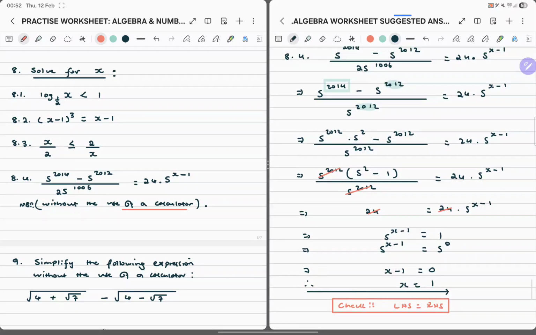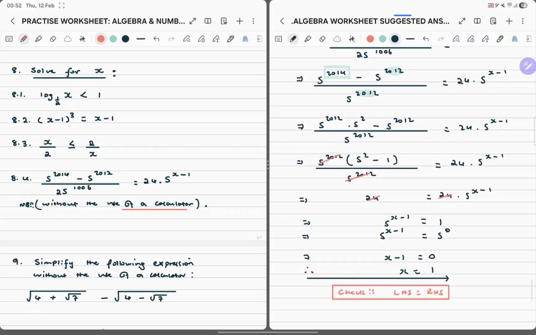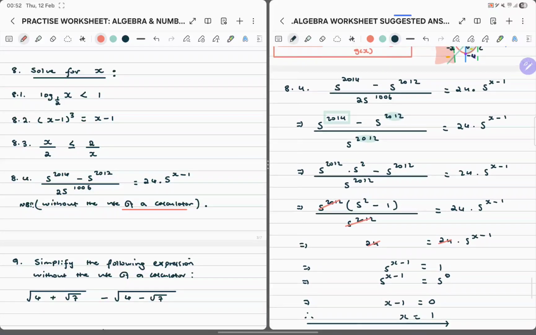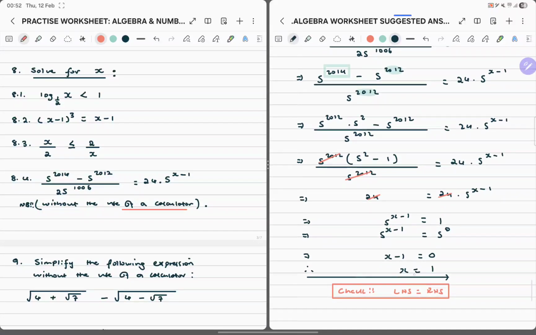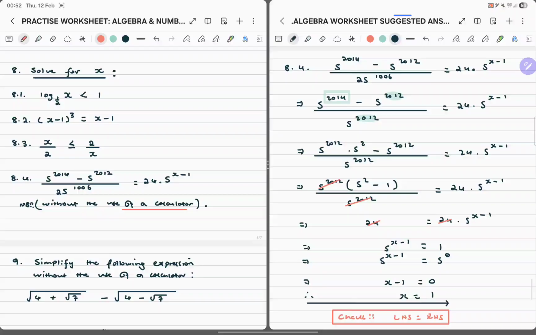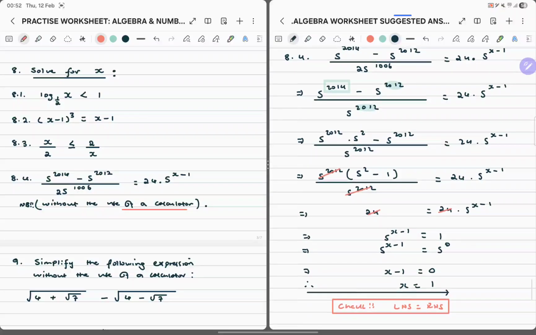Check to be sure. Now let's go back and check. If we say x is literally 1, hey, but this check is not going to be nice. But anyway, I think the check, hoping that we did well, this is the best place to go and check.